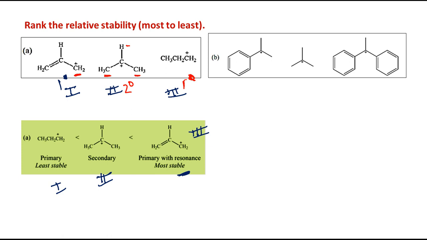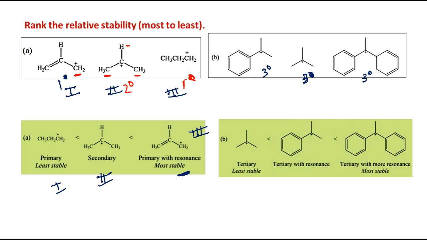So that is why this is the correct stability order. Now come to the second one. Here the first molecule, the carbon is attached to 3 more carbons. So this is 3 degree, this is 3 degree and this is also 3 degree, right? So based on whether it is 2 degree, 3 degree, 1 degree, we cannot decide anything. Next thing you will see is the type of substituents attached to this carbocation. In the middle one, that is number 2, we have 3 methyl groups.